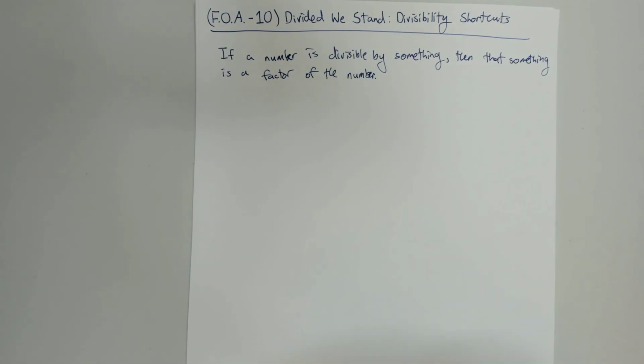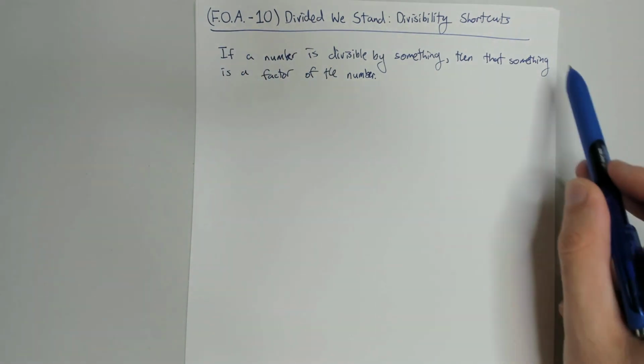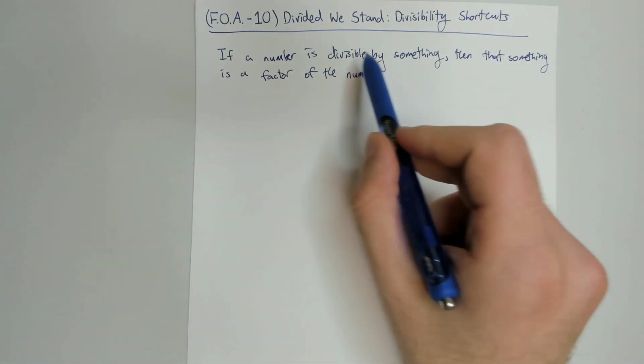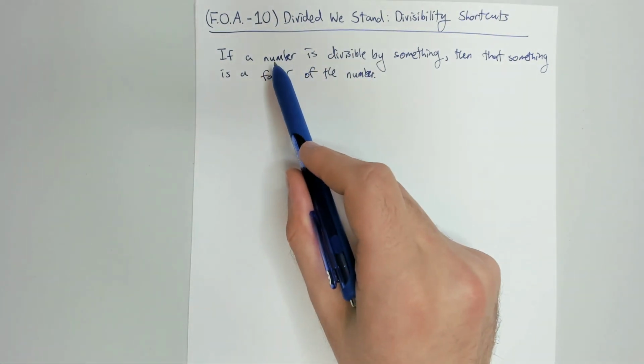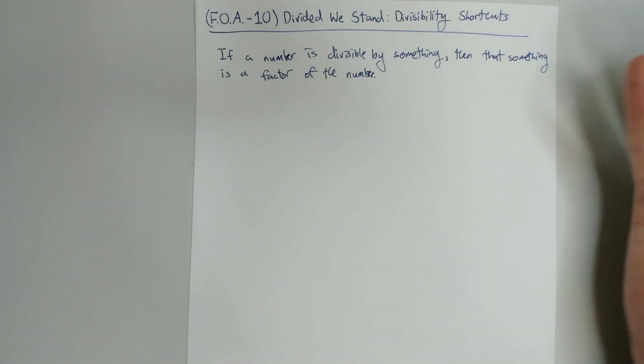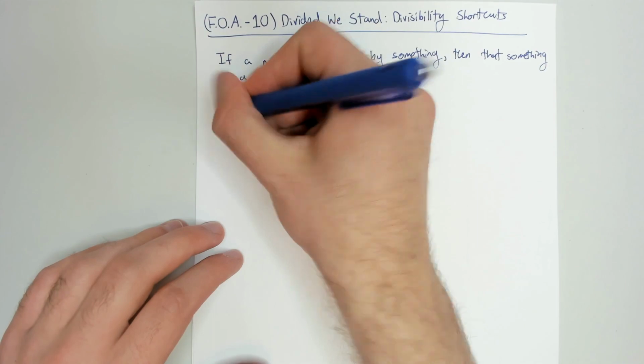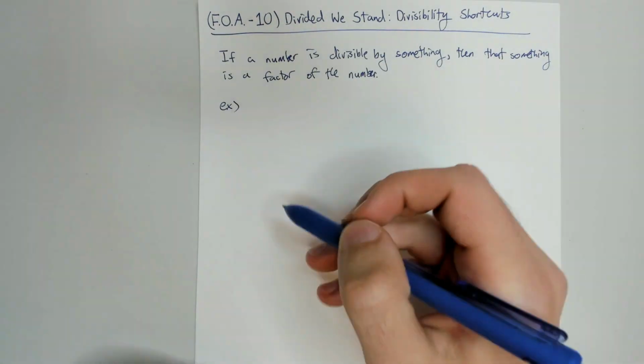Once we get into the language of algebra, we're going to be able to frame this in a much more precise way. But until then, we're kind of forced to speak a little bit indirectly, where we're talking about some number and it's divisible by some other number. But that's all right. Let me give you an example to clarify what this means.